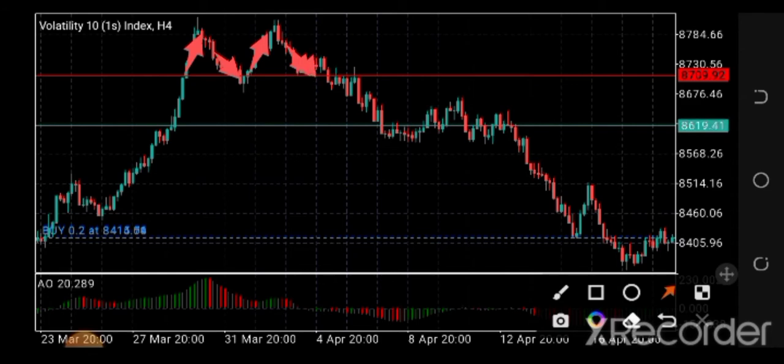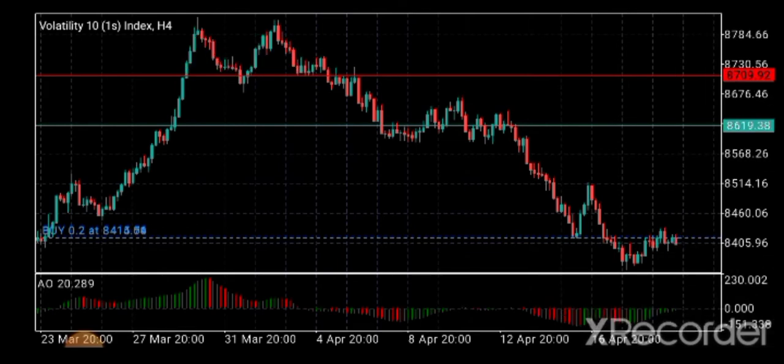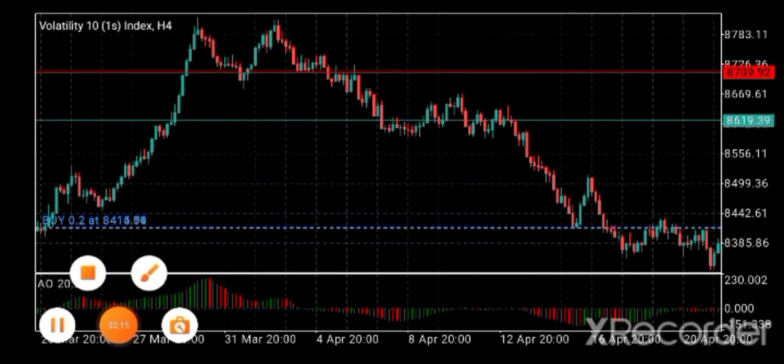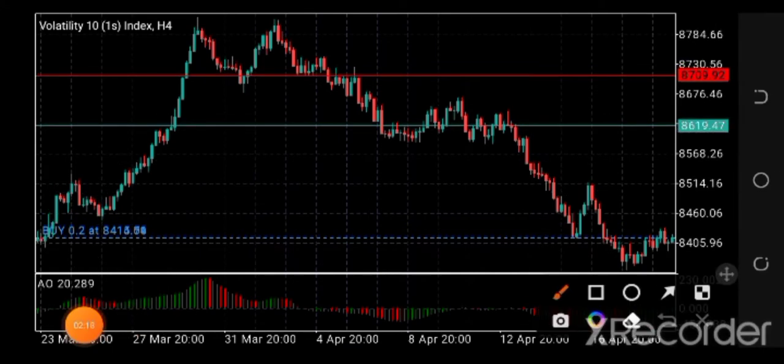For the pullback. After the pullback happens and then it comes back, that's when you enter. When you enter your trade, make sure you go into lower time frames, find a perfect entry point, then enter your trade. That's all.